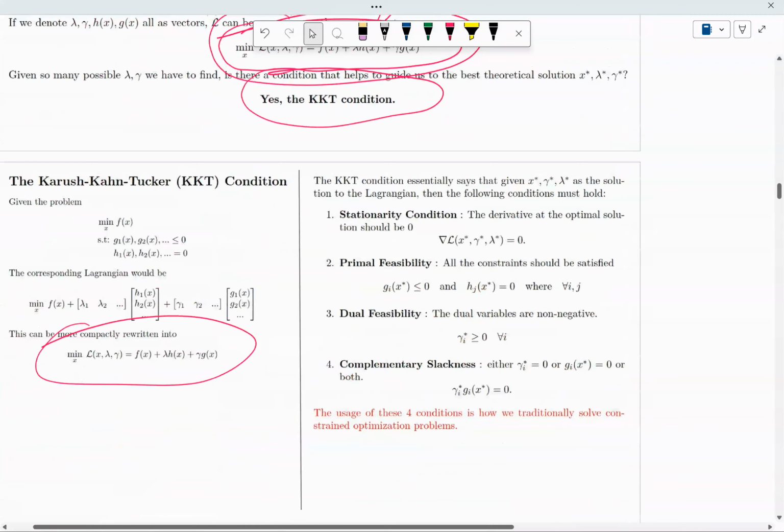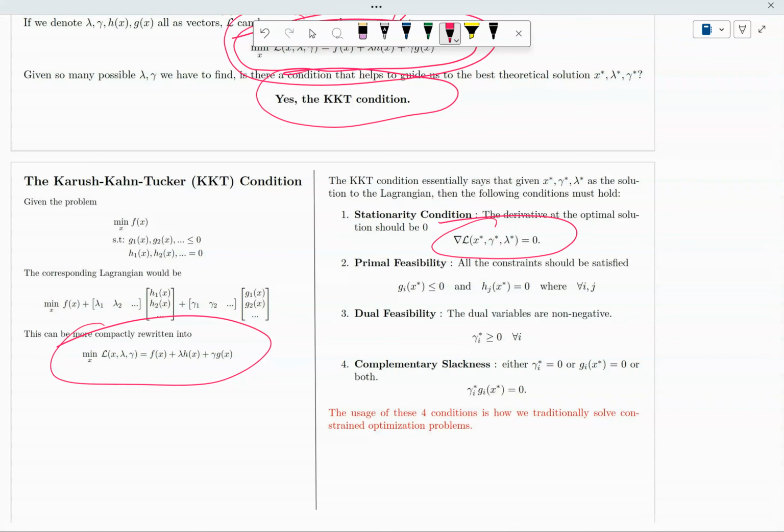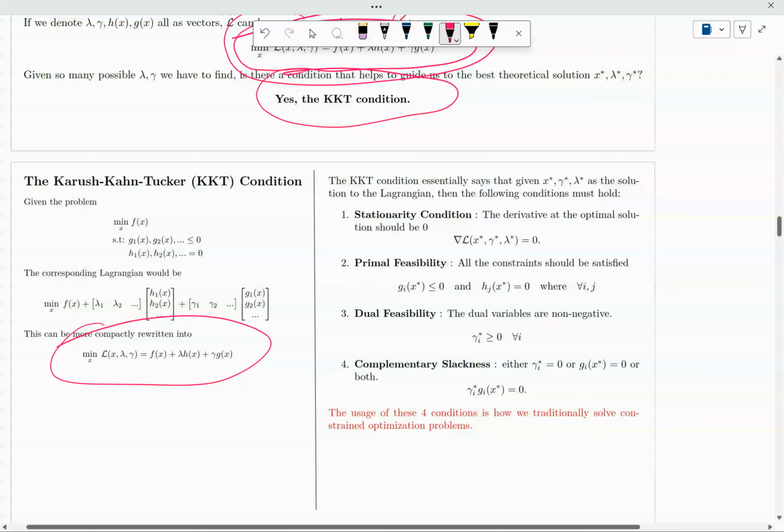The first is the stationarity condition. The stationarity condition says that the derivative has to equal zero, which is not a big stretch. You want the derivative to be zero because that tells you where the optimal is. The second one is called primal feasibility. Primal feasibility says that all the constraints should be satisfied. That's not so surprising.